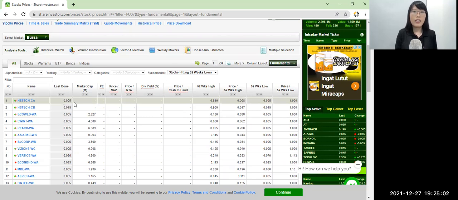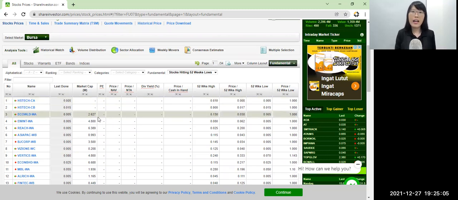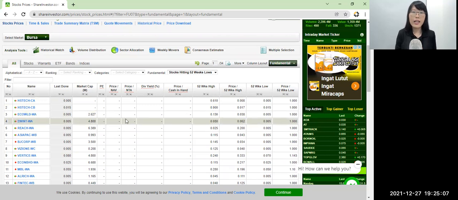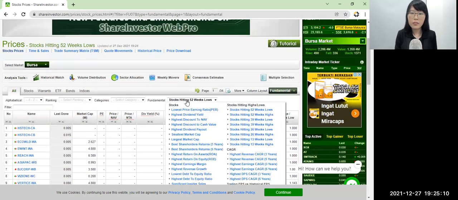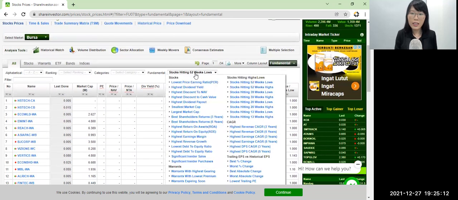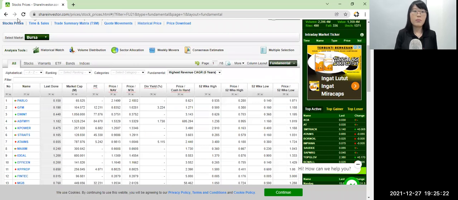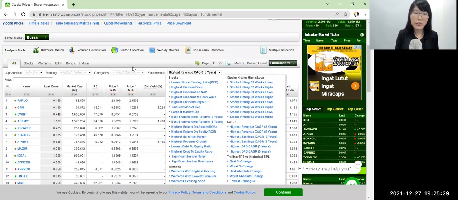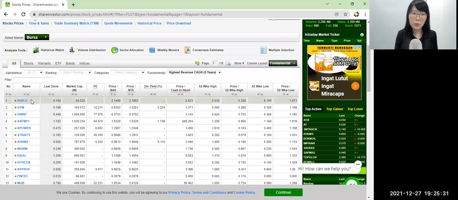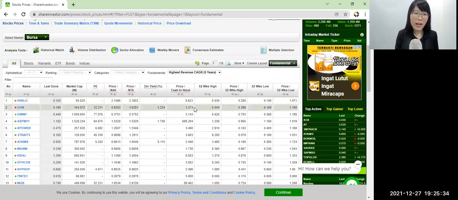Let's say you want to find out which stock has the highest earnings CAGR for the past 5 years. You can click on it to choose CAGR, highest revenue for the past 5 years. You click on it. This is the highest revenue CAGR. You can see that the first one is Palo, second one is GFM, Evnt, okay?